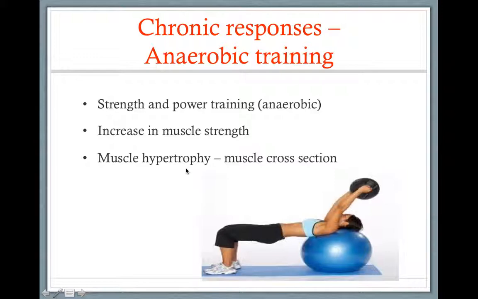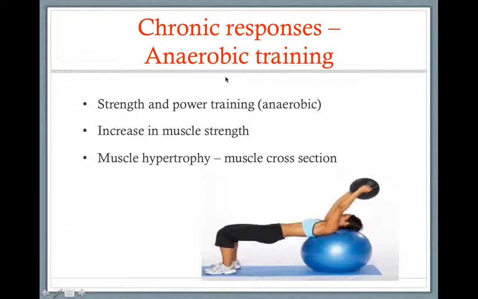In other words, we've increased the cross-sectional size. Now, cross-sectional size simply means if I look at my bicep, if I was to take a knife and cut through the bicep and then stick a ruler in there and measure from the bone out, I'd be able to measure the size. Increasing the cross-sectional size means it's simply going to get bigger.